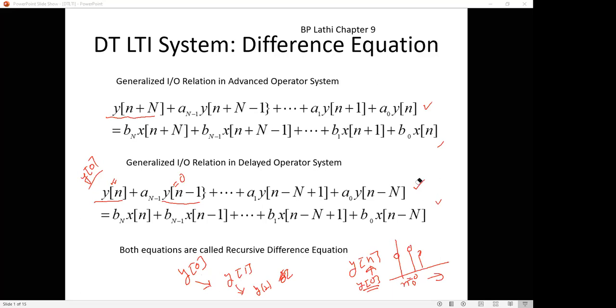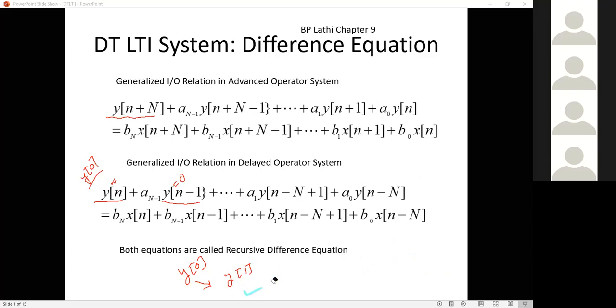This is very simple, but not efficient. The reason is that if you have many samples in your input, or the order of your difference equation is higher, then you need more time to calculate it. But still you can use it in some limited sense.